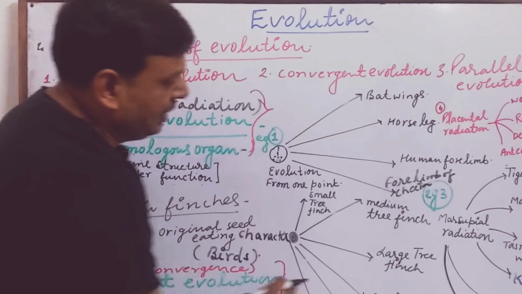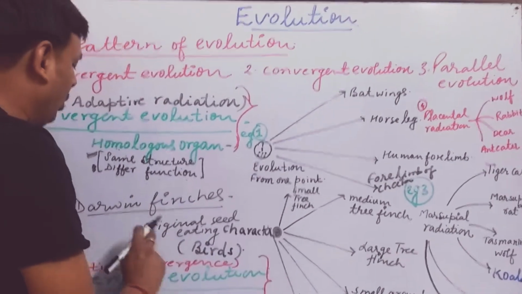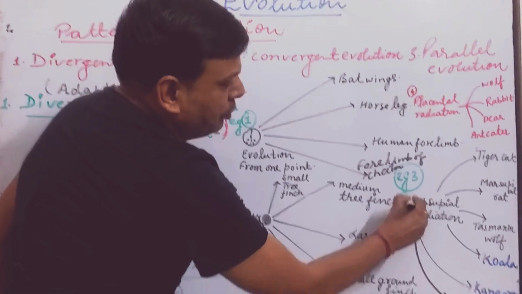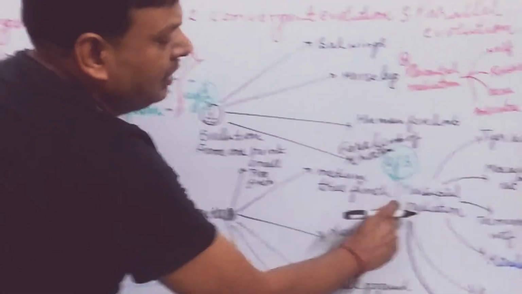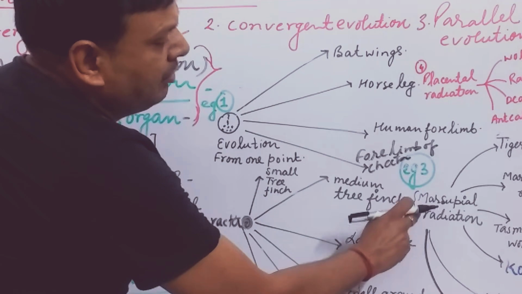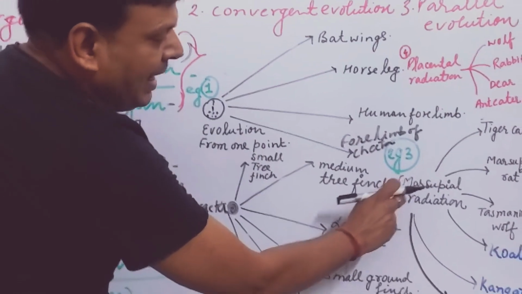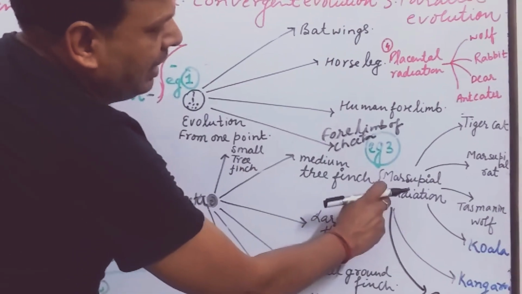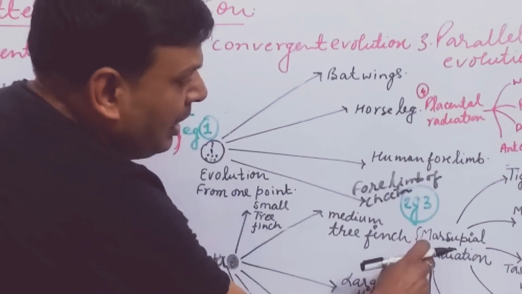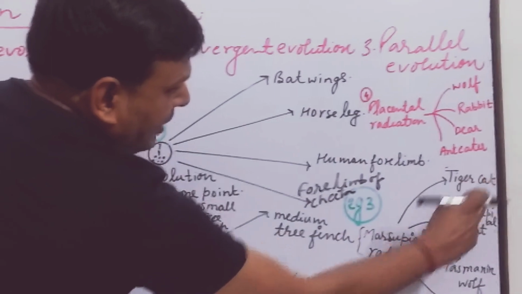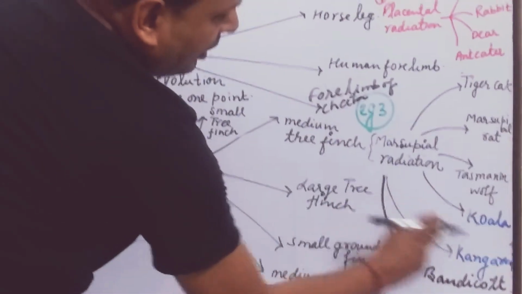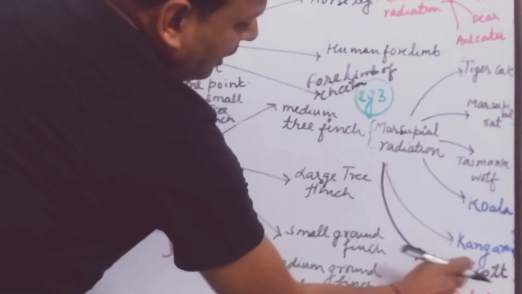Another example of divergent evolution is marsupial radiation. Marsupials are specialized mammals common in Australia which have a marsupial pouch for the nutrition of young ones. These marsupial radiations are observed in the tiger cat, marsupial rat, Tasmanian wolf, koala, kangaroo, and bandicoot, which is a type of rat.